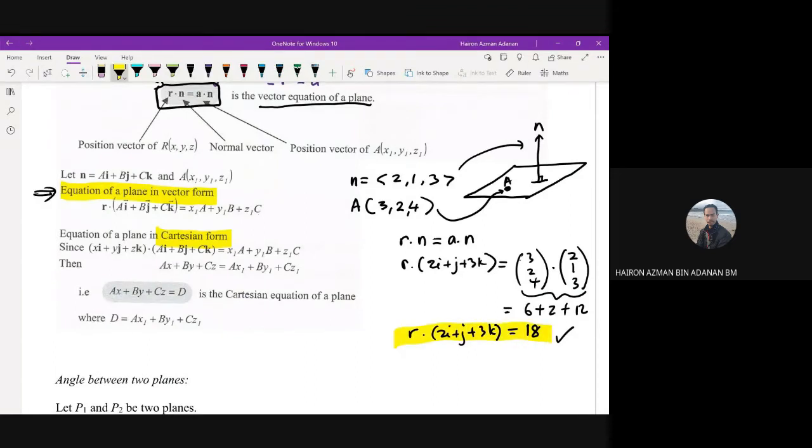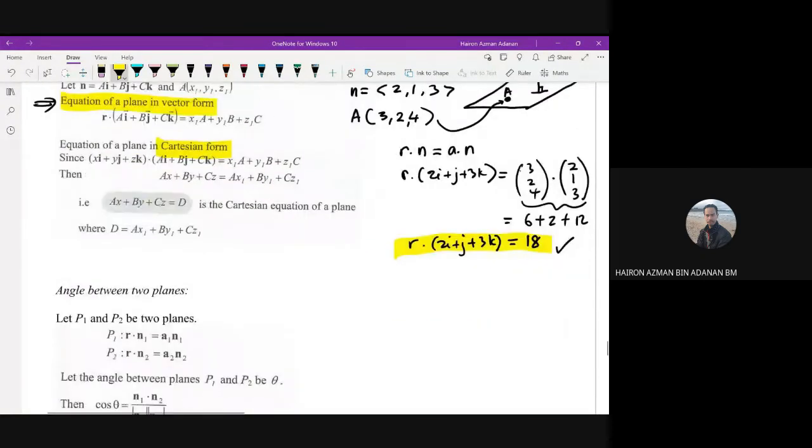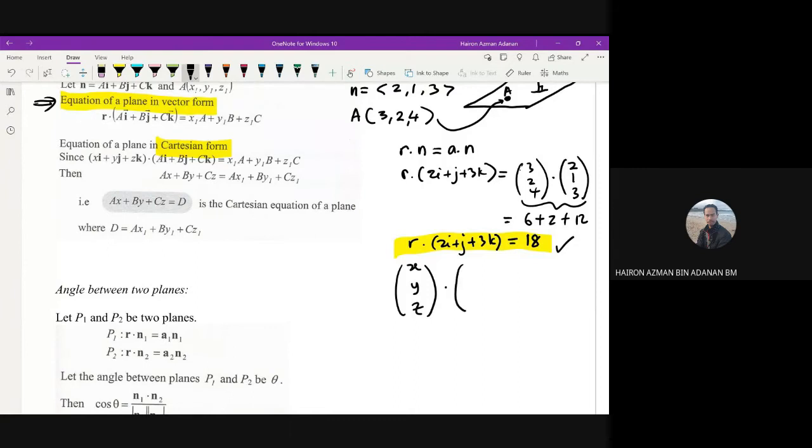So how to write in Cartesian form? We just continue. We rewrite R as x, y, z. Then you dot with the normal 2, 1, 3 equal to 18. So you just multiply. Sir, the 18 should be 20.